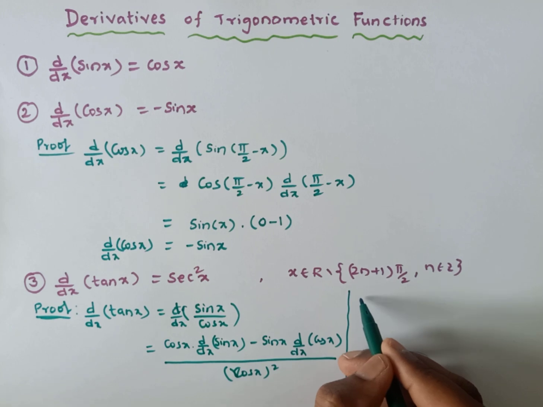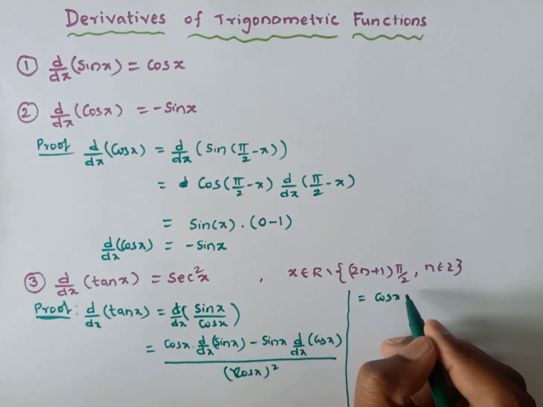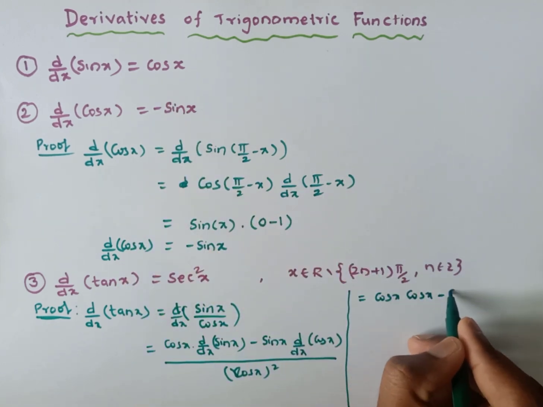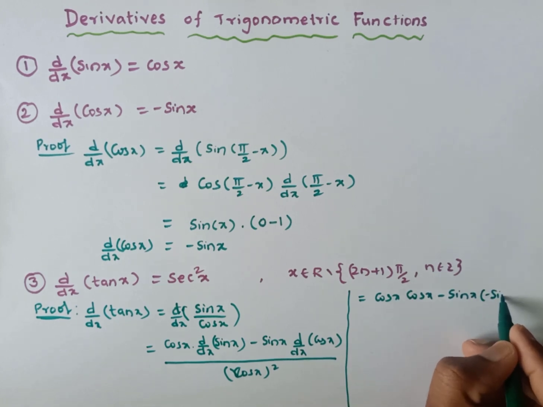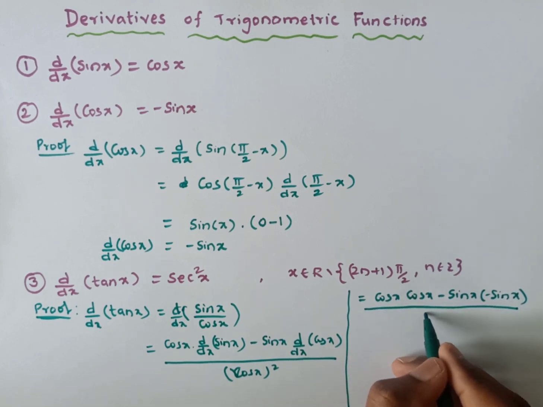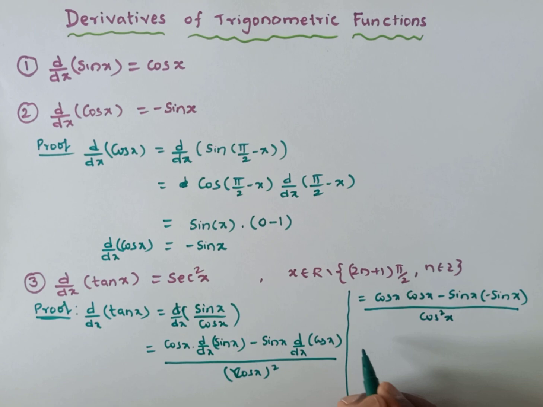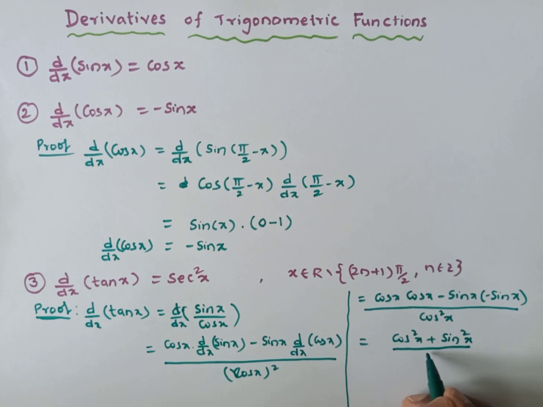Now this is cos x into the derivative of sin x, which is cos x, minus sin x into the derivative of cos x, which is minus sin x, divided by cos x whole square, that is cos square x. So finally the numerator is cos x into cos x, which is cos square x, minus into minus, so it is plus sin square x, divided by cos square x.